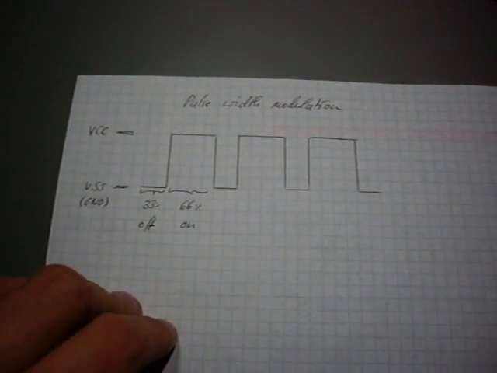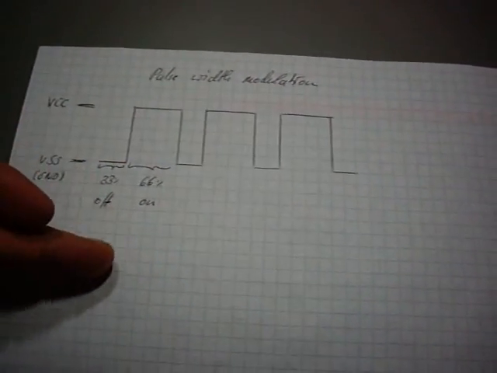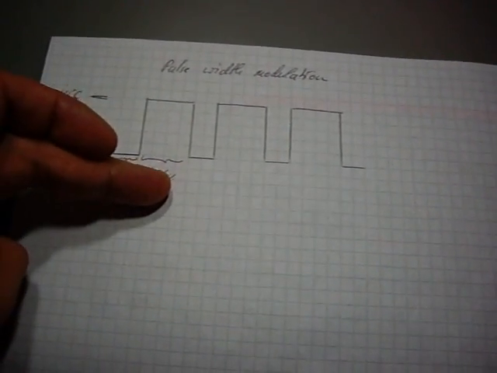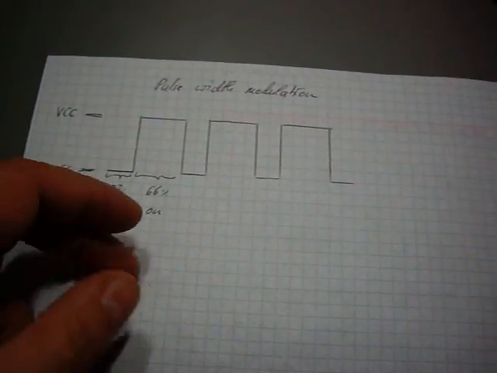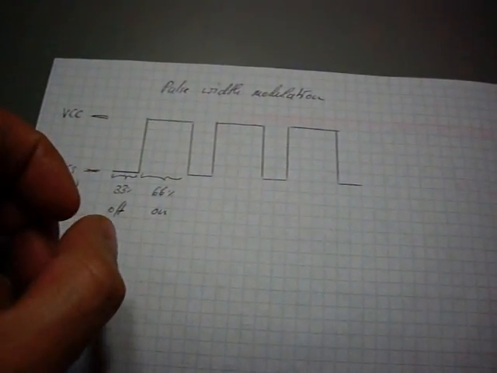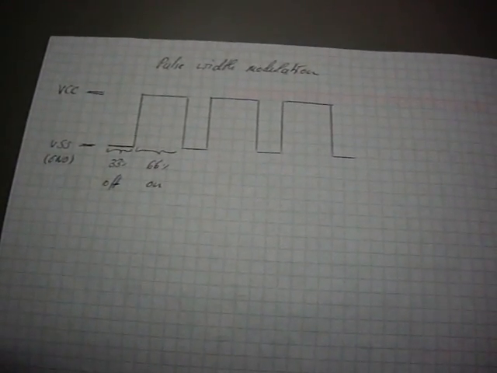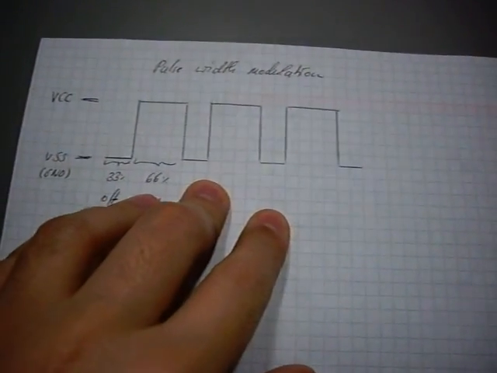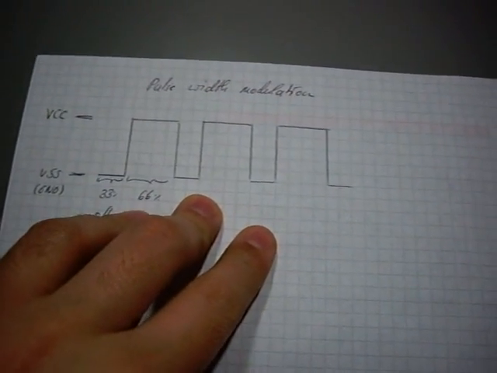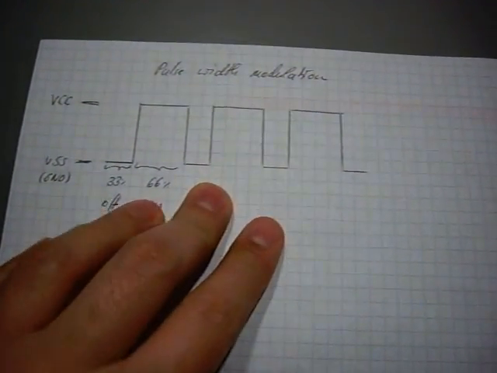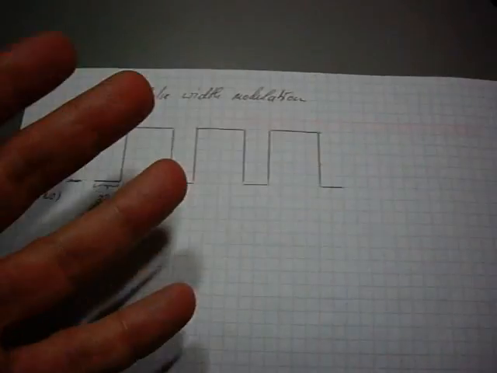What you do is you're switching the LED on for a certain time, and then you're switching it off. After all, it will flicker. But if you do it fast enough, say a few hundred hertz at least, then the human eye won't see this.